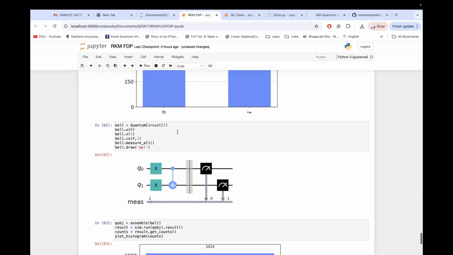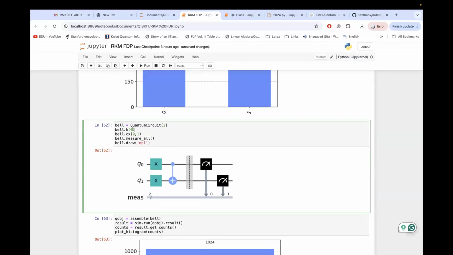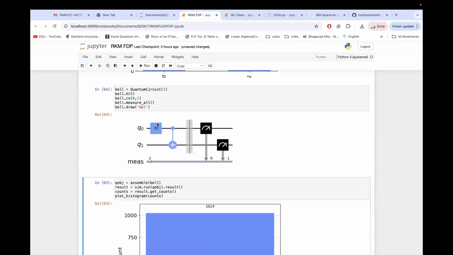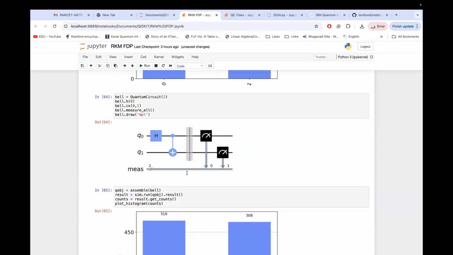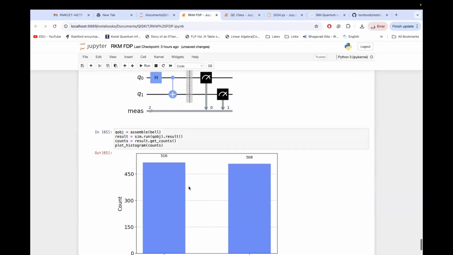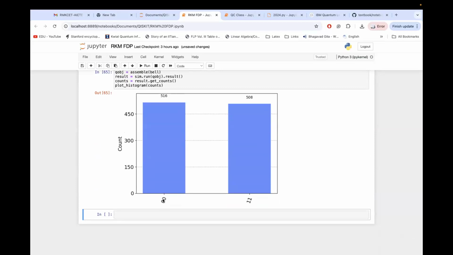Now we will prepare the maximally entangled Bell state. For that, we need a Hadamard operator on the first qubit, and then you are going to apply the CNOT operator. So this is the circuit to create the Bell state, and when you run this circuit, look at what happens. The system is found in the 0, 0 state half of the time, and the 1, 1 state half of the time.